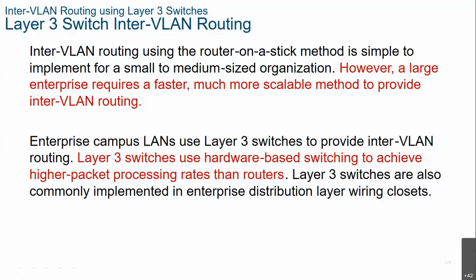Because layer 3 switches provide a faster, much more scalable method of providing inter-VLAN routing, these larger organizations use layer 3 switch inter-VLAN routing rather than router on a stick. Layer 3 switches use hardware-based switching to achieve higher packet processing rates than routers. So hardware-based switching is faster than software-based switching.